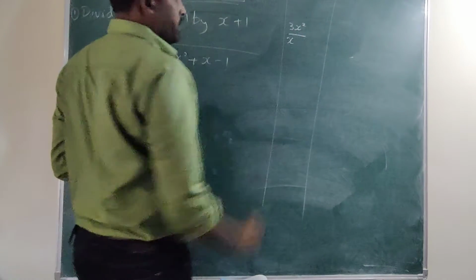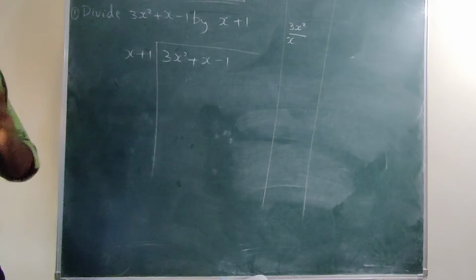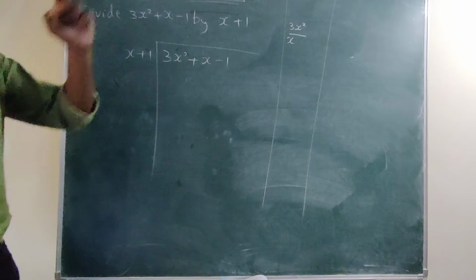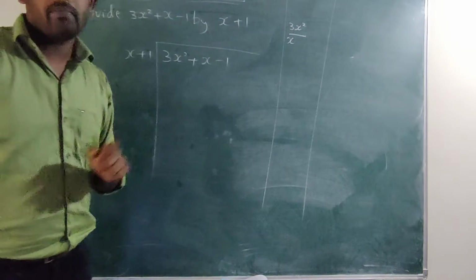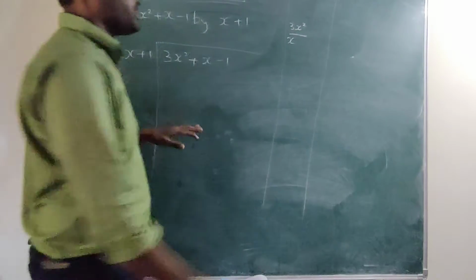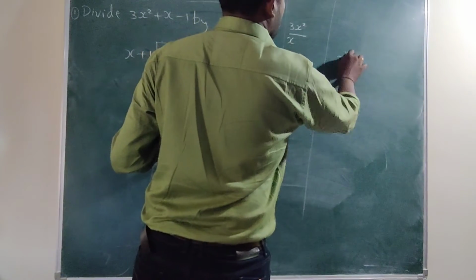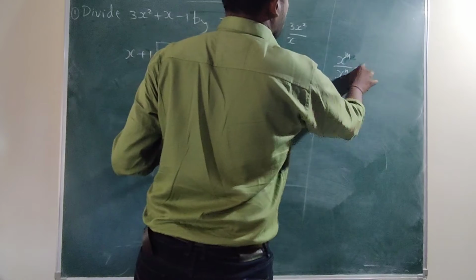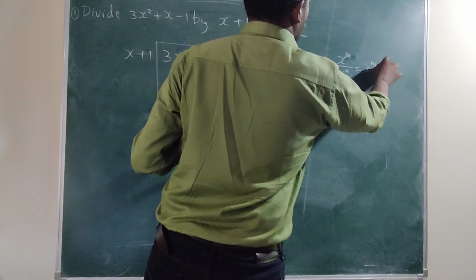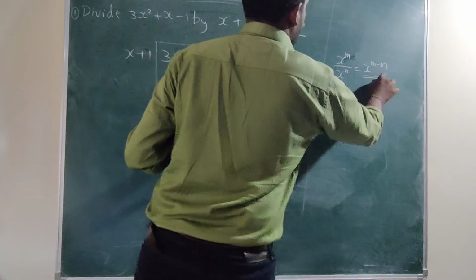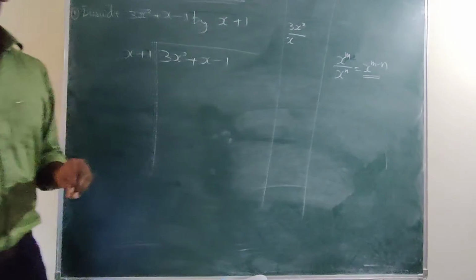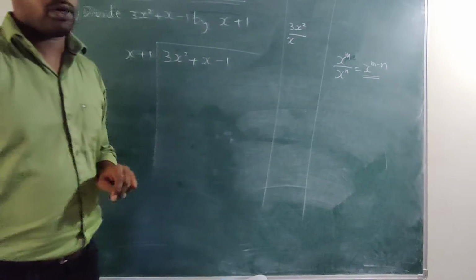Here you can divide. According to the second law of exponents, x to the power m divided by x to the power n is equal to x to the power m minus n. This is how we can write the second law of exponents.